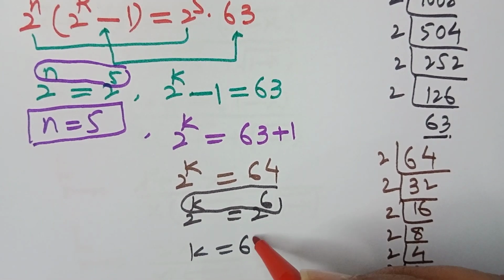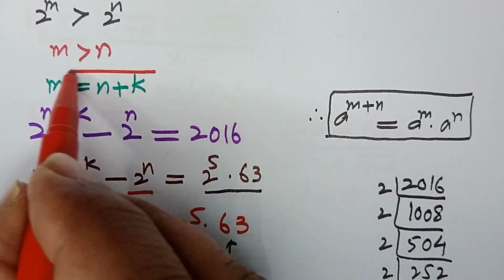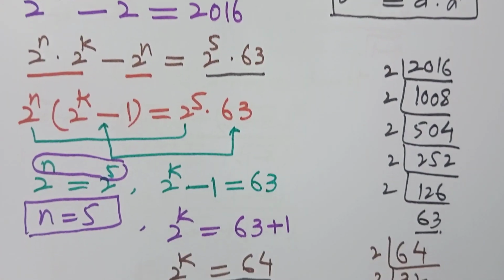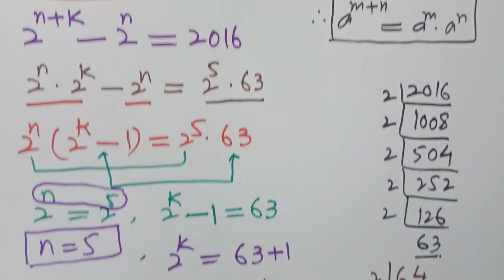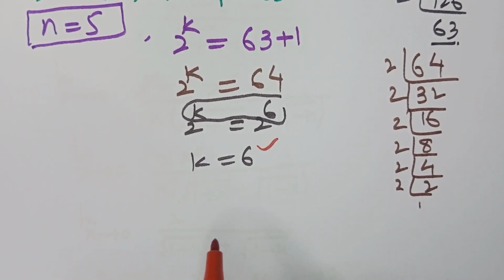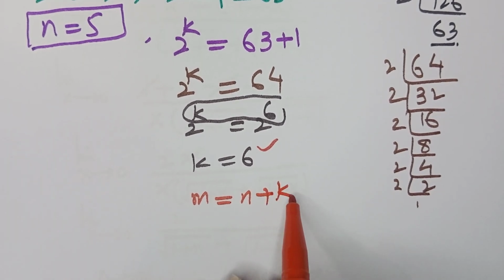Now put this value of k is equal to 6 in this equation for finding the value of m. So here m is equal to n plus k.